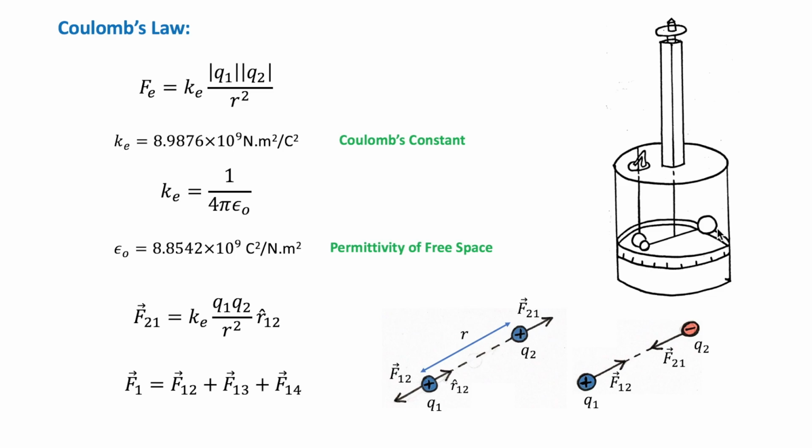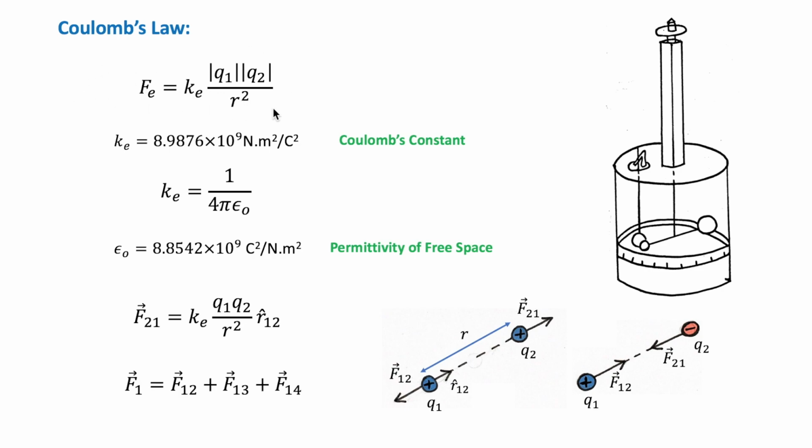Coulomb found that the electric force between the two charged particles is inversely proportional to the square of the distance between them, and it's also directly proportional to the quantity of charge on each sphere, and he established Coulomb's law.